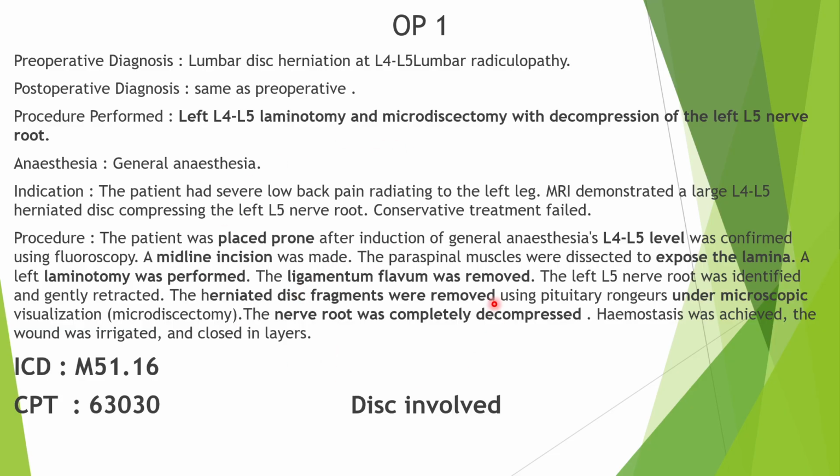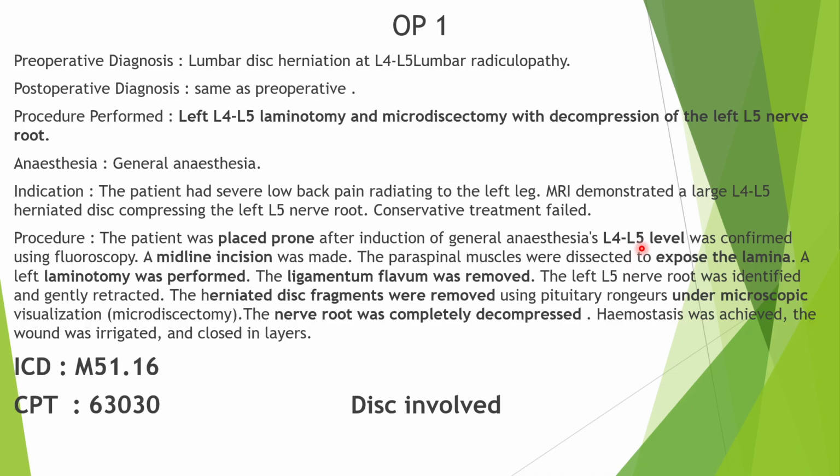So, in this OP, the main thing first is what is the region of the spine. While reading this, we understand that it is a lumbar spine region. After that, we have to check the interspaces.